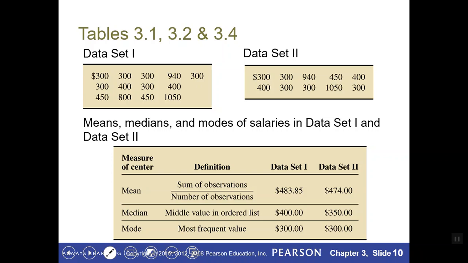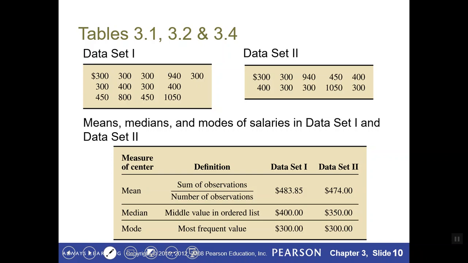Median is 400 for dataset 1 and 350 for dataset 2. Mode is 300 for dataset 1 and again 300 for dataset 2. When you check these values, you can see that the median value is less than the mean value.